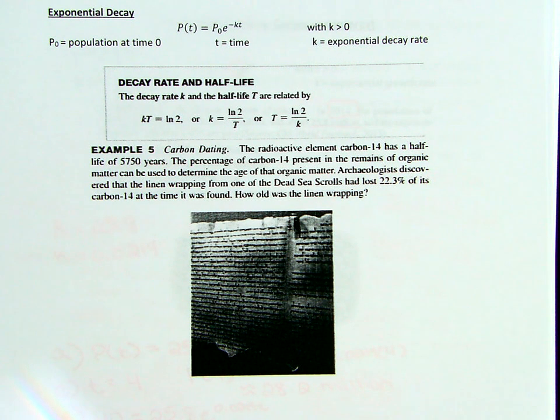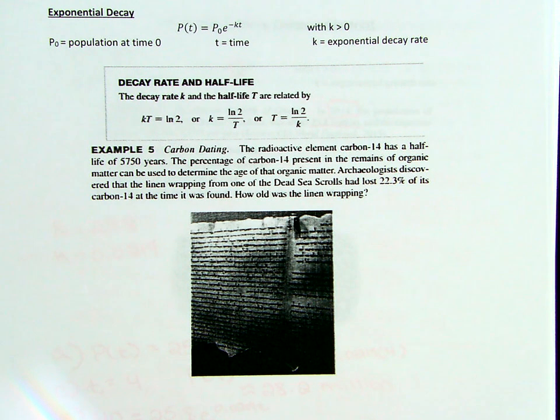So let's look at our problem with this nice text of Dead Sea Scrolls. The radioactive element carbon-14 has a half-life of 5,750 years. Okay, that's a long time. So a half-life.